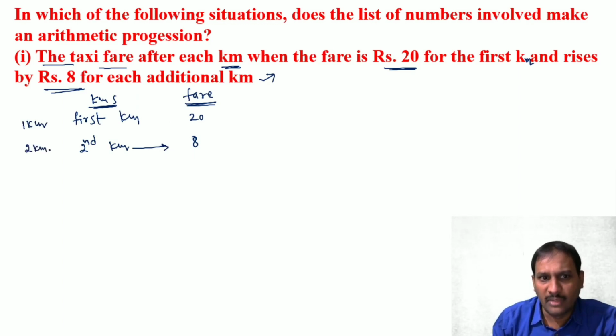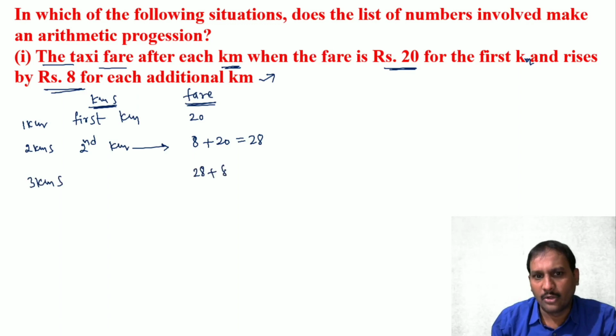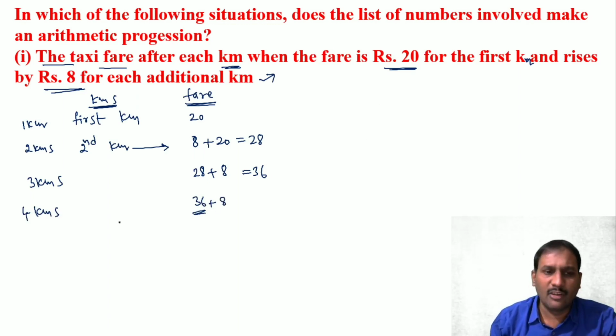If it is 2 kilometers, for the second kilometer it is 8 rupees and for the first kilometer it is 20 rupees. Therefore, 28. If it is 3 kilometers, we have to add 8 rupees more: 28 plus 8, 36 rupees. If it is 4 kilometers, this is the fare for the first 3 kilometers plus 8 rupees for an extra kilometer. Therefore, 36 plus 8, 44 rupees.